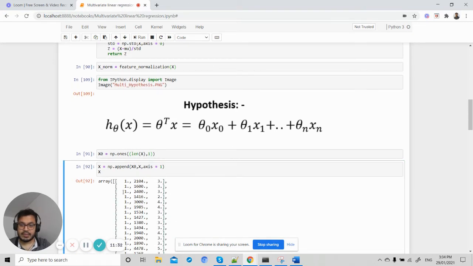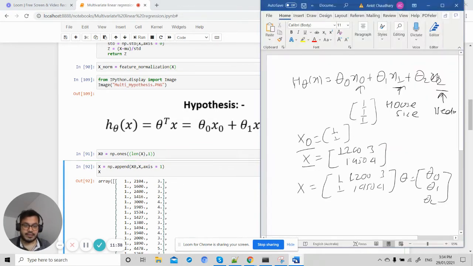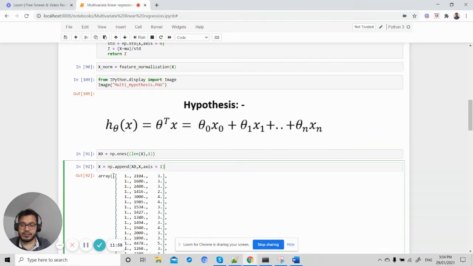Now we can see our three features. We did axis equals 1 because axis equals 1 will append as column wise. If axis equals 0, it will do it row wise. That's why we did axis equals 1.